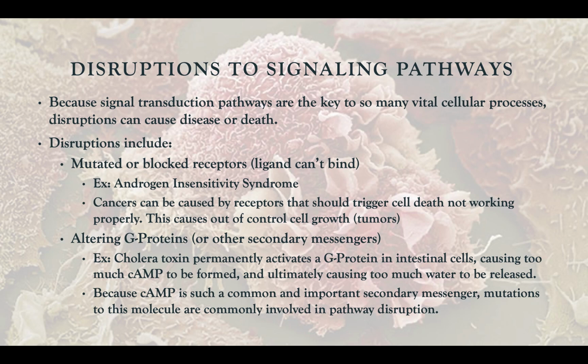Here's an interesting example of this. Androgen insensitivity syndrome. This is where a fetus that has XY chromosomes, so you would typically expect the fetus to develop as male, and of course, whenever I talk about gender, I'm talking about it physiologically, right?